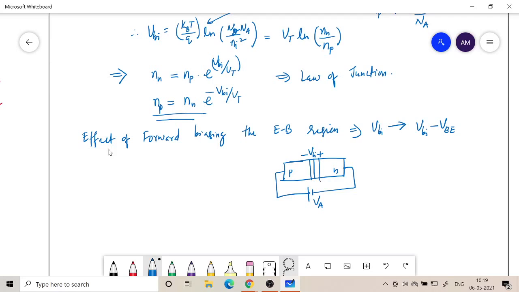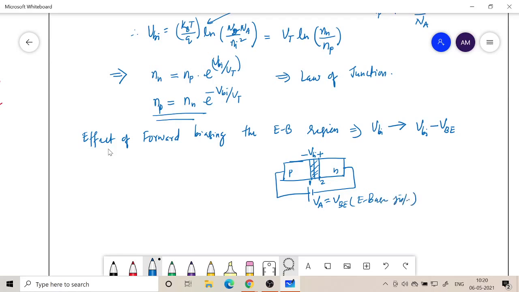So if I take my point 2 here and point 1 here like before, just at the edge of the depletion region, but inside the N side we call it point 2 and point 1 is here, then there is going to be a tremendous increase, because now we are aiding further diffusion, and that is related to the effective potential across the junction, because now across the junction the voltage is going to be VBI minus VBE. So VBE is basically the voltage we talk about for the emitter base junction.